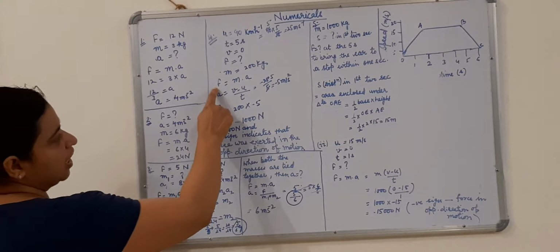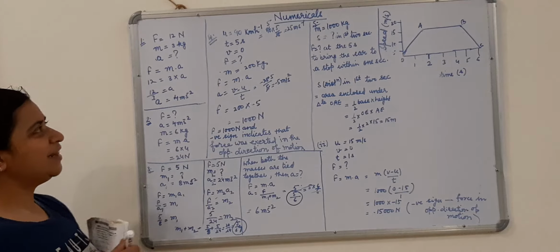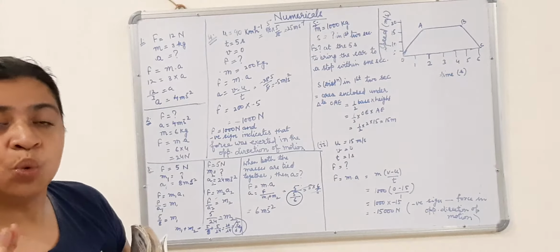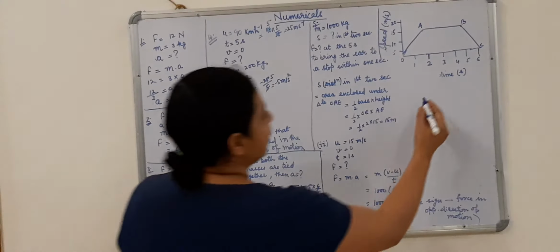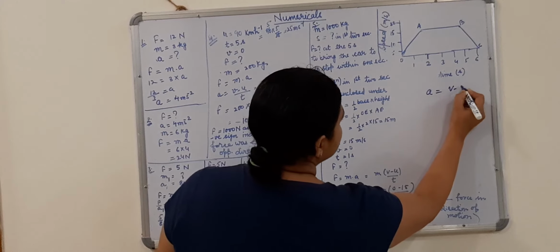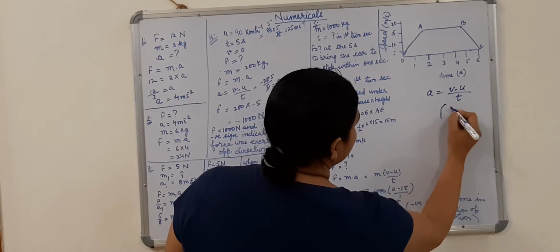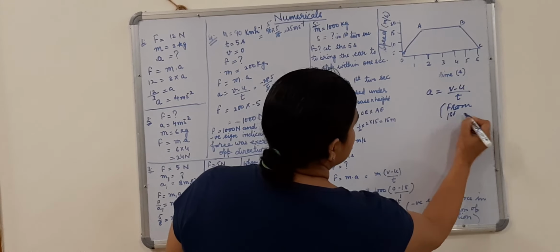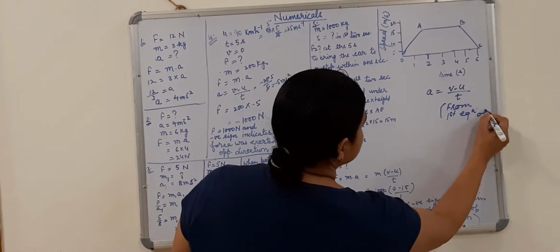So the same formula, F is equal to ma. But in this case, we are not directly given A; we are given V, U and T. We all know that A is equal to V minus U upon T from the first equation of motion.